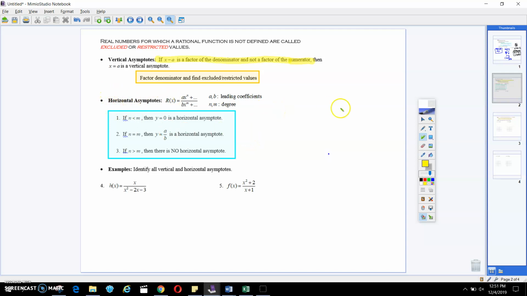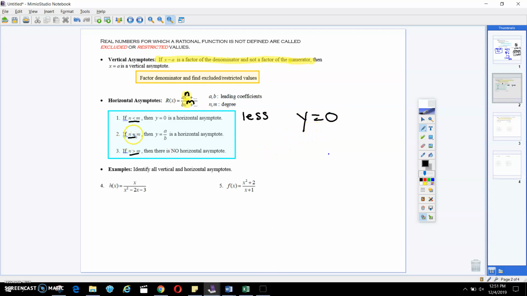For the horizontal asymptote, we're going to focus on these exponents right here and here. Do you see how this says n in the top and it says m in the bottom? Yes, no, maybe. Okay? That's what it's talking about here, here, and here. So if the exponent in the top is less than the exponent in the bottom, then you're going to have a horizontal asymptote at y equals 0.